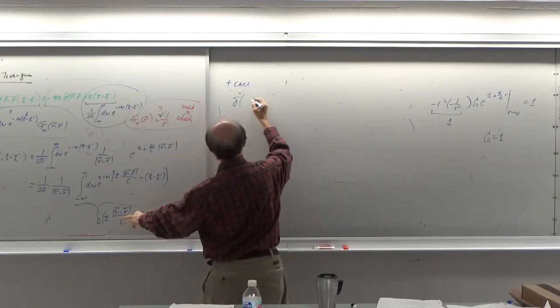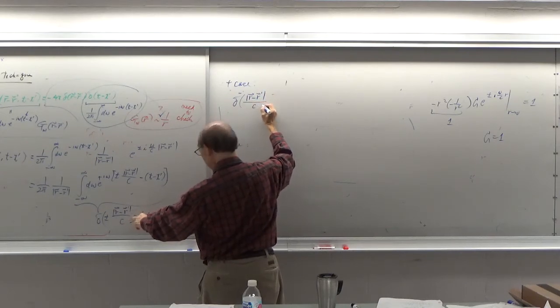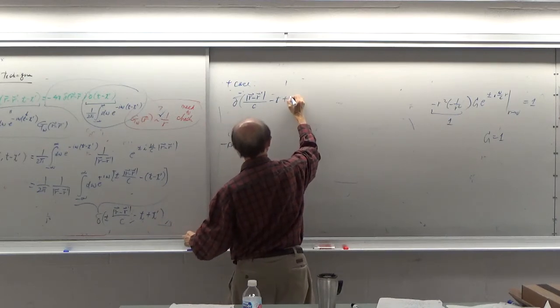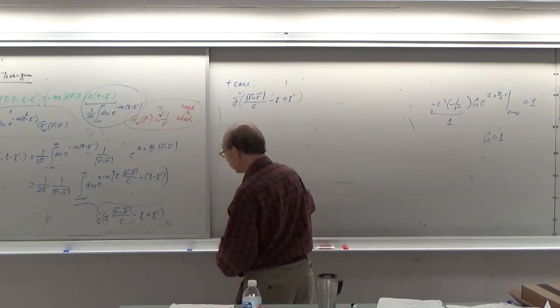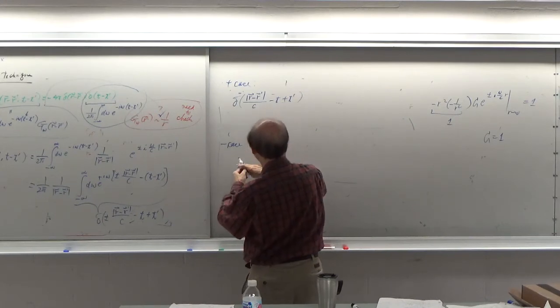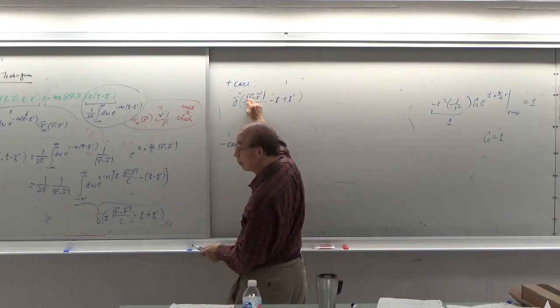The plus case says r minus r prime, minus t plus t prime. This delta function for the plus case says that the argument of the delta function is 0.